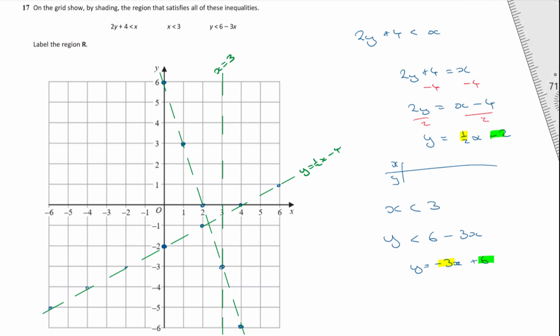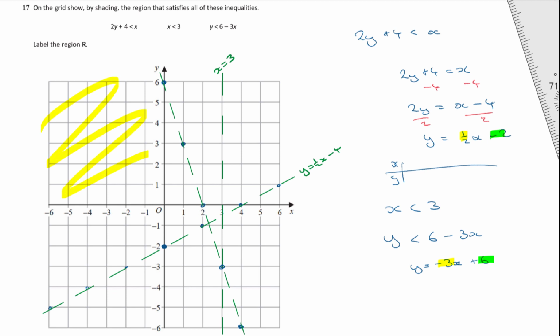Right, so now we need to work out which range they're talking about. What I tend to do is pick a point and see if each of the inequalities holds. So let's pick some points in the various regions that these lines have broken my shape up into.